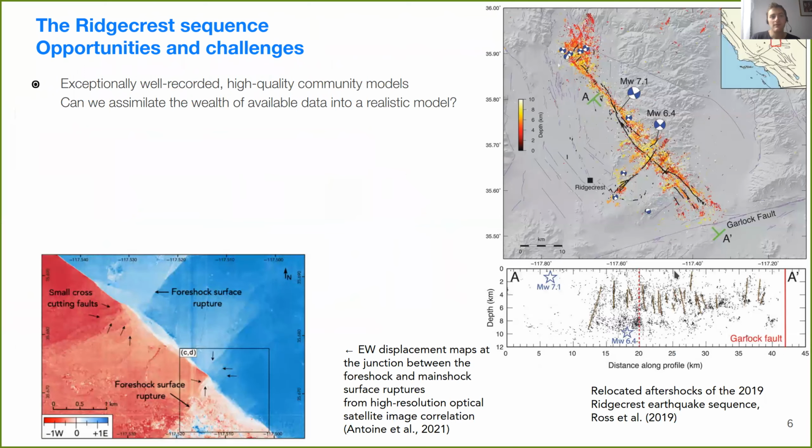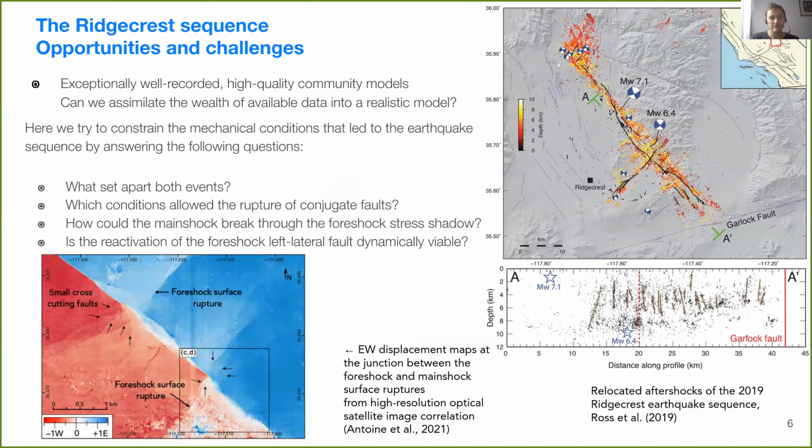So the Ridgecrest sequence offers a nice opportunity to learn more about conjugate fault systems. It is exceptionally well recorded, and there is a high quality community model that allows modeling this earthquake more easily. But assimilating the wealth of available data into a realistic model is also a challenge. And that's what we try to do in this study.